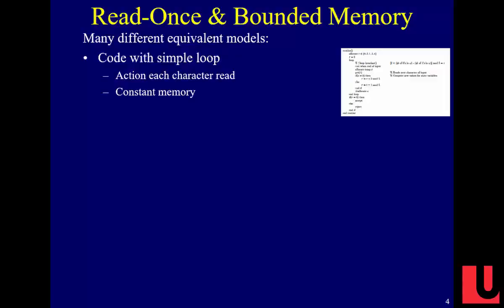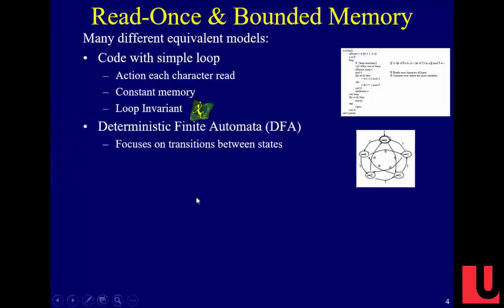And then when you see this character, the program is going to have a certain amount of memory, and that memory is bounded, but it's remembering something. And then when it reads the next character, it changes what it remembers. It updates its local memory as it goes around. And the loop invariant will say, what is it that I'm remembering? At the top of the loop, I'm remembering this about what I've seen so far. I get the next character, I update what I know, then the loop invariant is I remember something about what I've seen so far. Right?